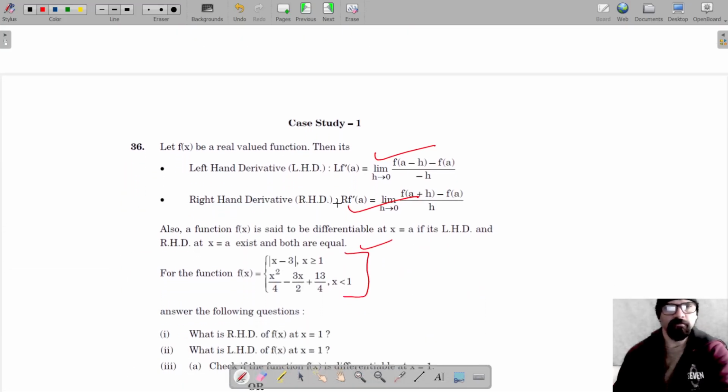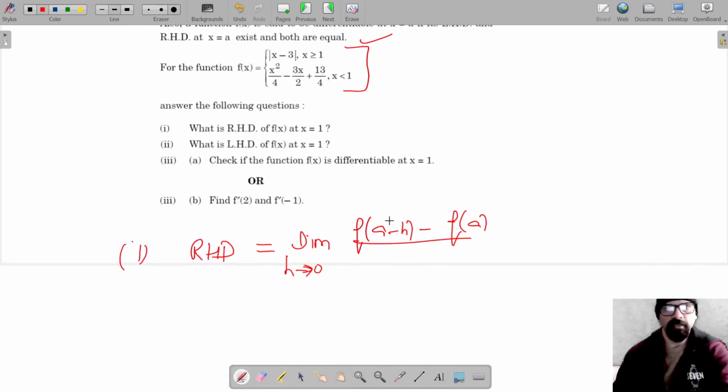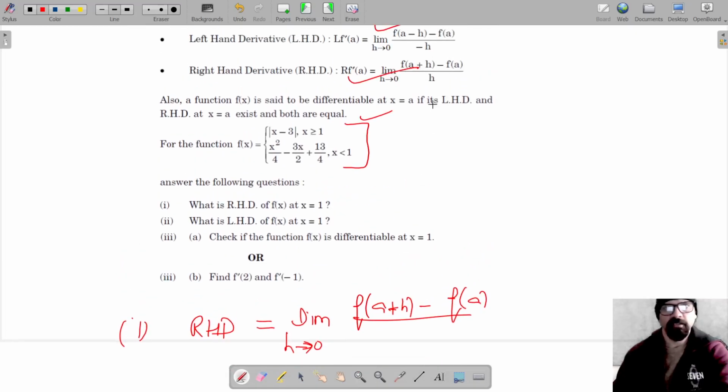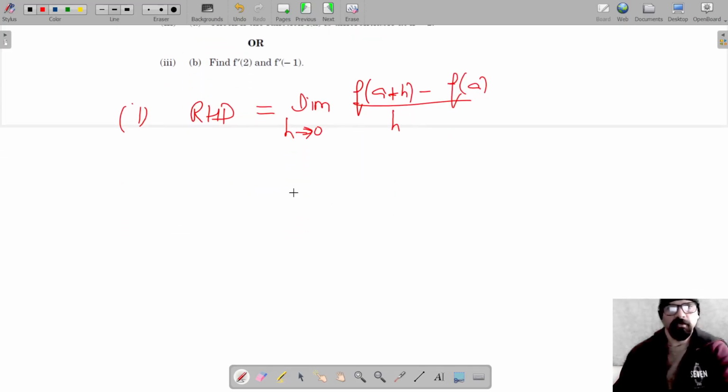We are going to find out the right hand derivative, which is this one. Okay, and we have to find the derivative at x equal to 1, so our a is 1. Okay, let's put in the value.